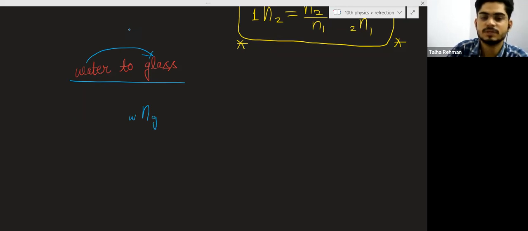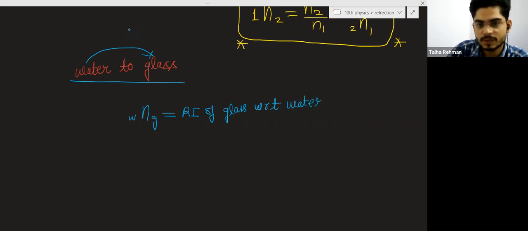Okay. So this is what you will call the refractive index of glass with respect to water, and this is also equal to the refractive index of glass divided by the refractive index of water.